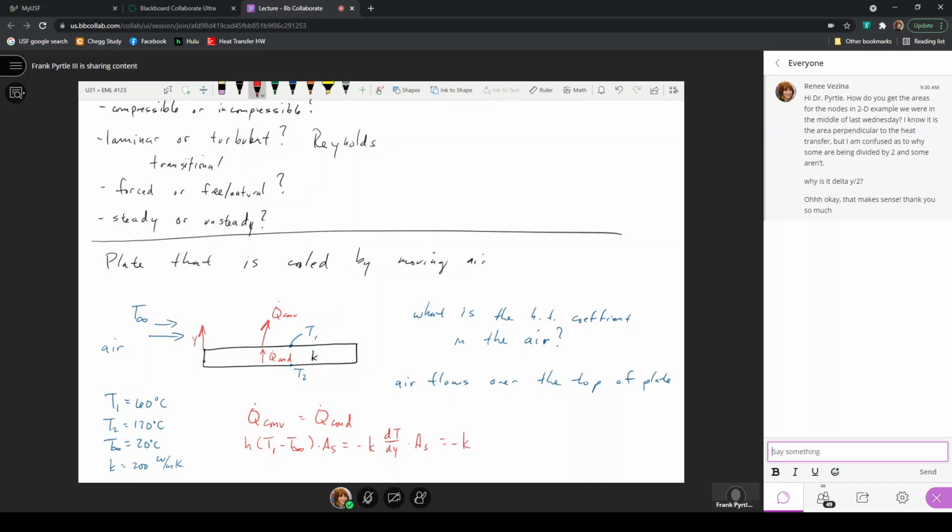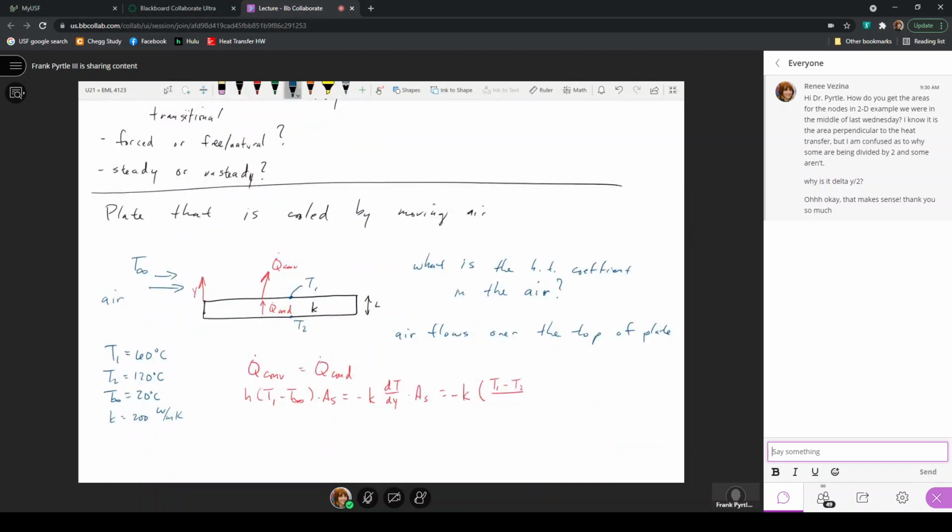So this would be minus k times (T1 minus T2) divided by the thickness of the plate. And actually, I didn't write the thickness of the plate. Let me show the thickness of this plate here, we'll call L. Let's say make this 10 centimeters.